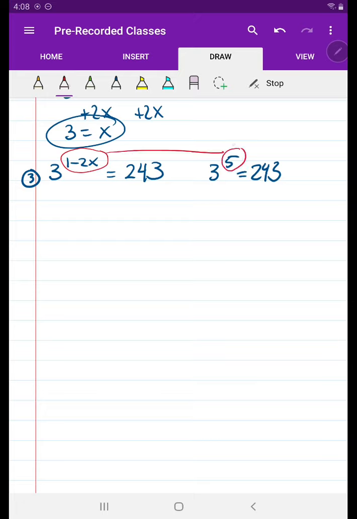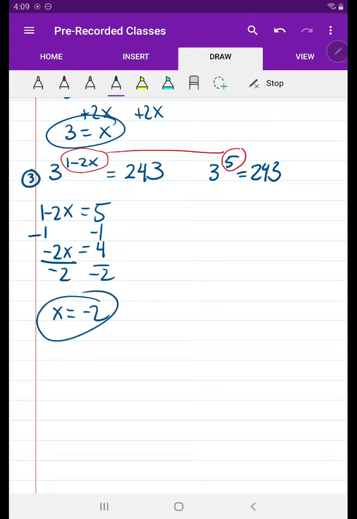And so then you can start off by rewriting the equation where you have 1 minus 2x equals 5, and then you just solve that. So you get negative 2x equals 4, divide both sides by negative 2, and then x equals negative 2, and that's your solution.